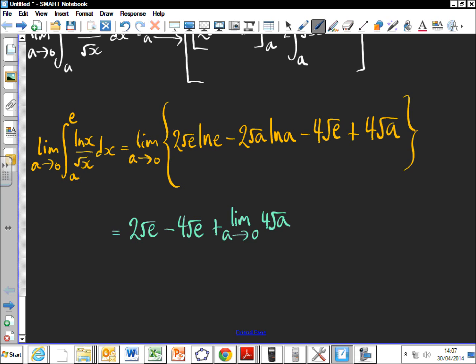And then minus the limit when 2 root a ln a goes to 0 there. So it's going to be whatever that is, yeah? Let's put a little bracket around that so we can see what we're taking the limit of. Okay?